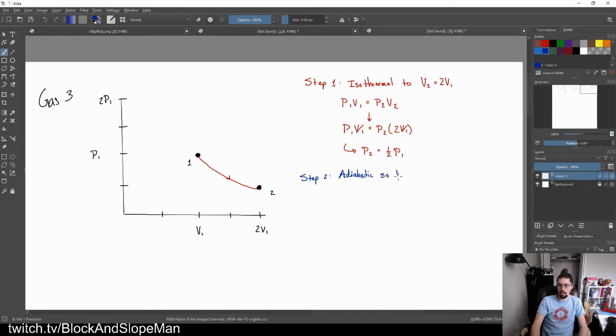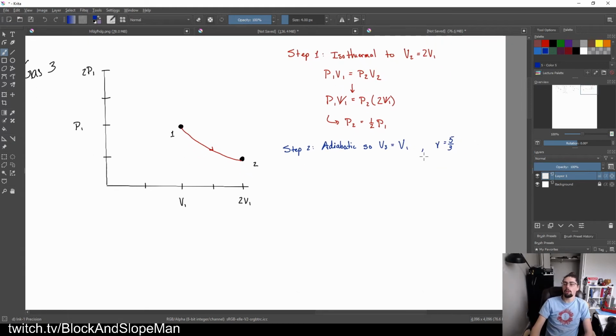V3 is back equal to V1, right? And we know it's more steep than the isotherm because it's an adiabat, but it's going to be somewhere up here, but it's not yet clear where. So we're really actually going to have to solve out for that one. It might help to remember, since we are a monatomic gas, gamma is still 5/3 as it was in gas 1, and that matters here.